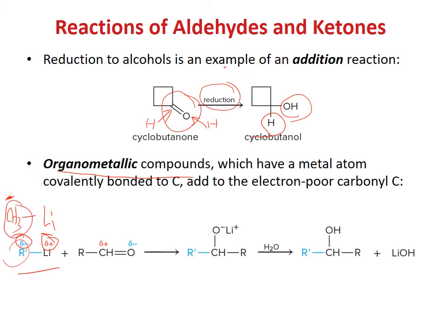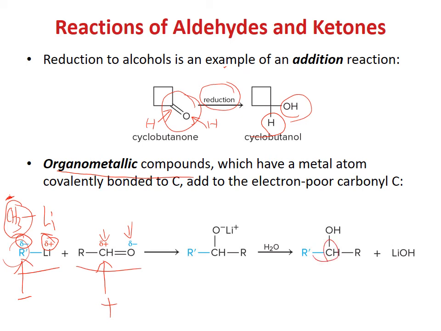Now, if we have an aldehyde or ketone, because of the high electronegativity of oxygen, oxygen has a negative charge, and carbon has a positive charge. So you can see these 2 reactants: the carbon in ketones or aldehydes has a positive charge, but in the organometallic compound, the carbon has a negative charge. So these 2 combine and form a bond.